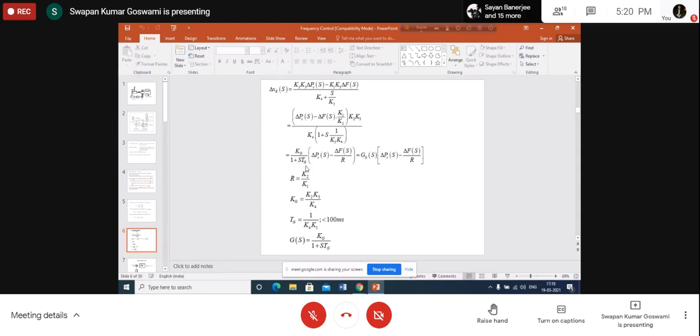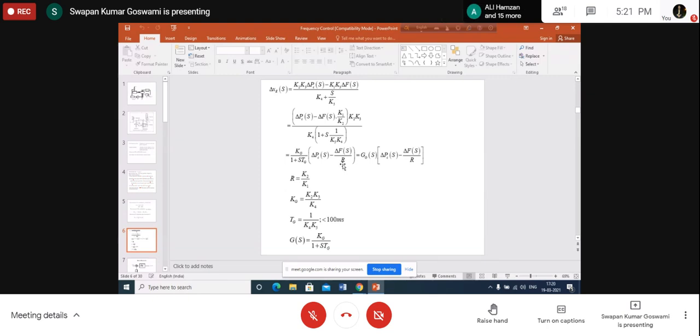Tg is the time constant of this speed governing system, and Kg is the gain of the speed governing system. So Kg by 1 plus sTg is the transfer function, the mathematical model of the speed governing system. And what are the inputs? The inputs are delta PC(s) and delta F(s). So delta PC(s) minus delta F(s) by R.